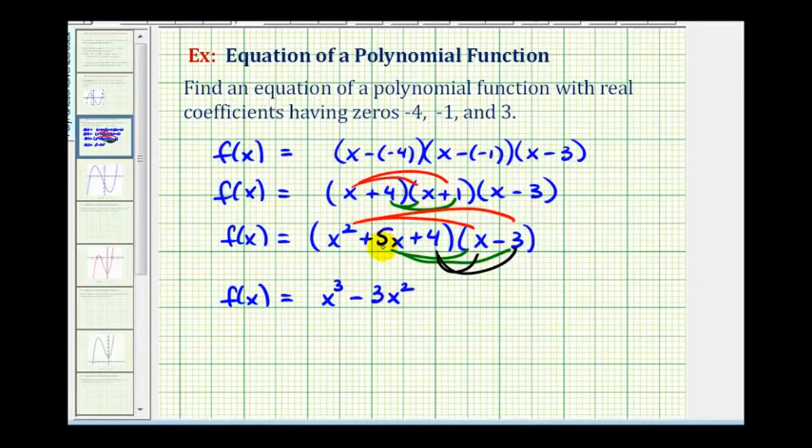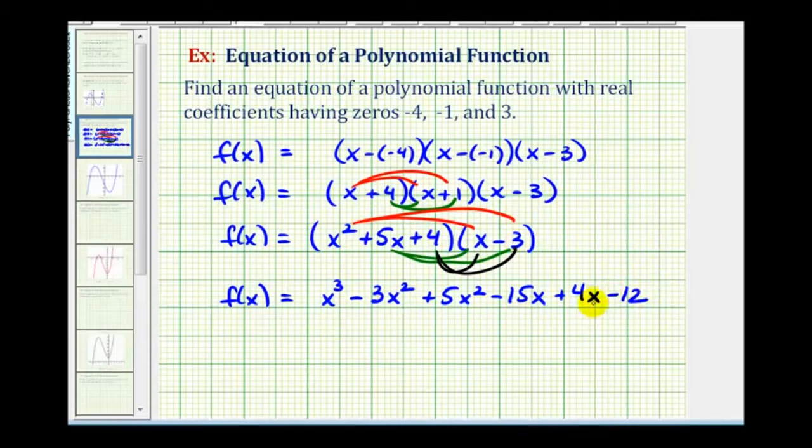Then we'll have 5x times x, that's 5x squared, so plus 5x squared. 5x times -3, that's -15x, or minus 15x. Then we have 4 times x, that's plus 4x. Then we have 4 times -3, that's -12, so we have minus 12.